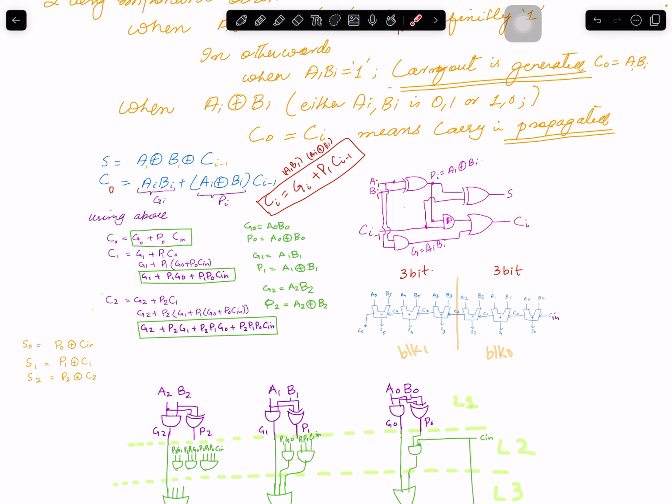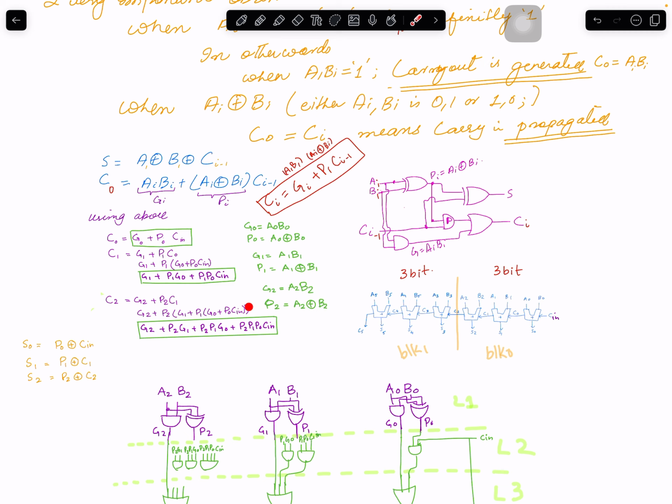Okay, let's look into C2. And I put whatever G1, G2, G0 and P0, P1, P2 they are. C2 is again simple, G2 plus P2 times C1, or AND of C1. Sorry, whenever I say multiply, that means ANDing. Now expand C1, you can put this entire value of C1 into this equation.